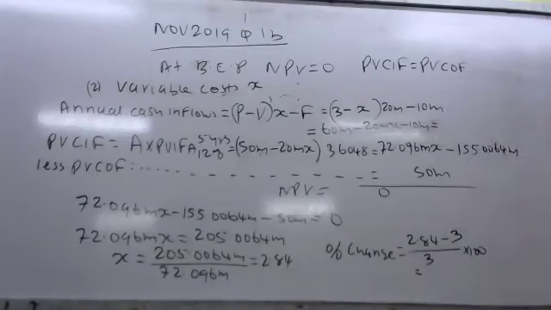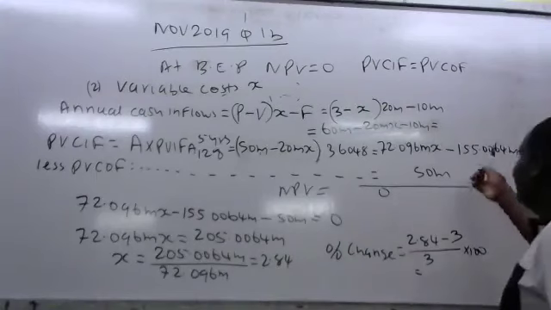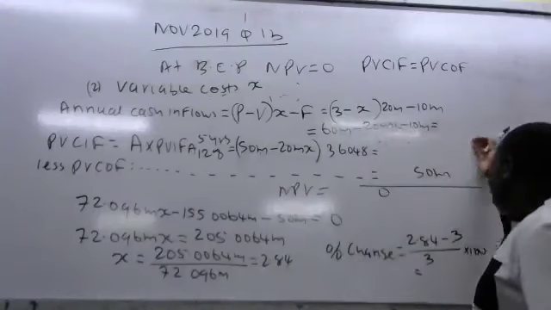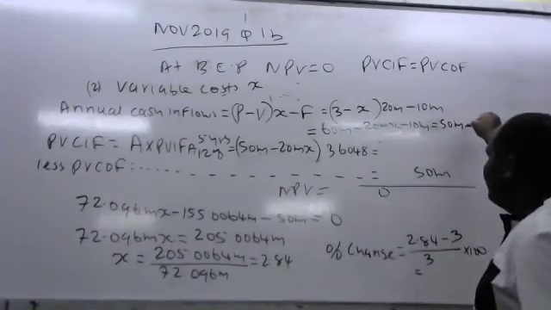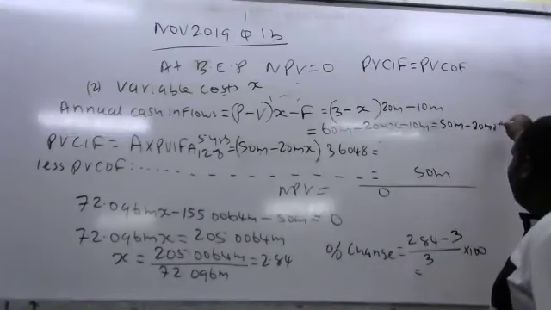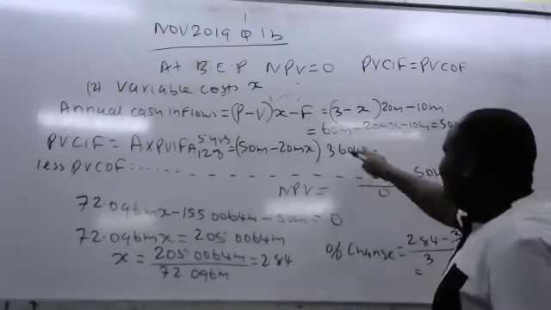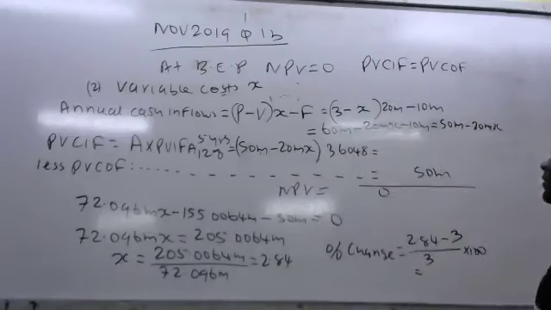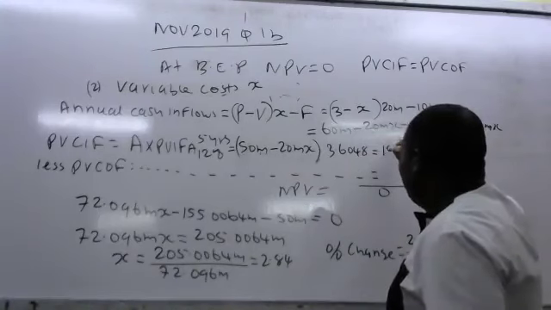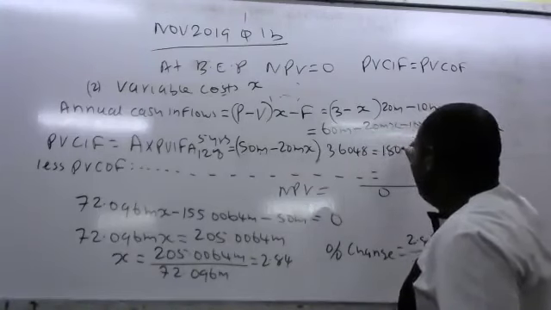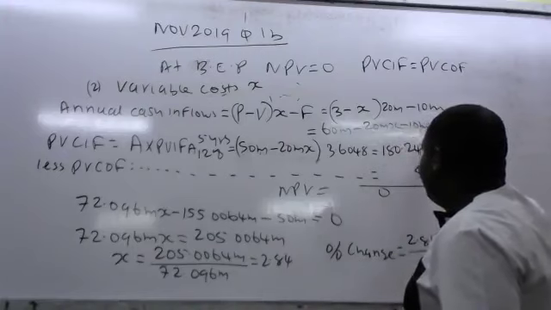So that one will be how much? When we open the bracket, this multiplied by 50 should give us which figure? 80 millions point 24.